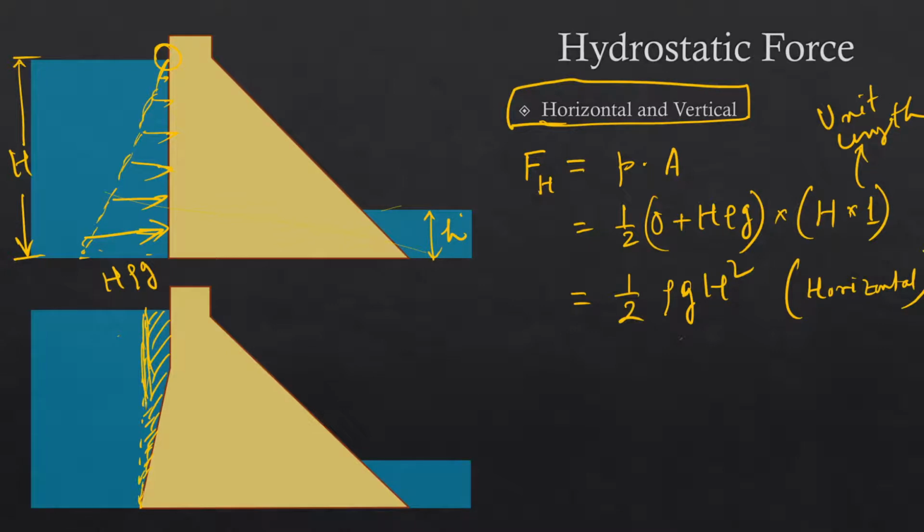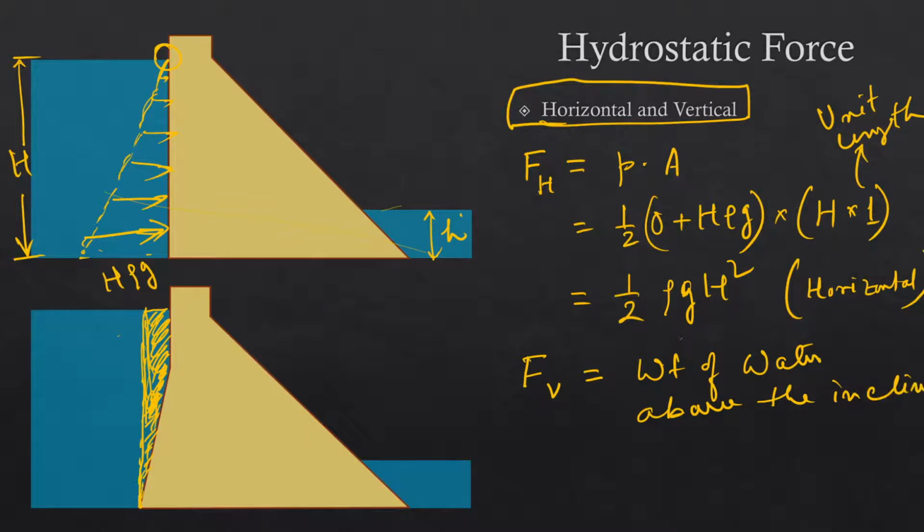So calculating the volume of this wedge shaped water is not a difficult task. So let's call it FV. Then it will be weight of water above the inclined face of the dam. So this is how we calculate the forces due to water on the upstream surface.